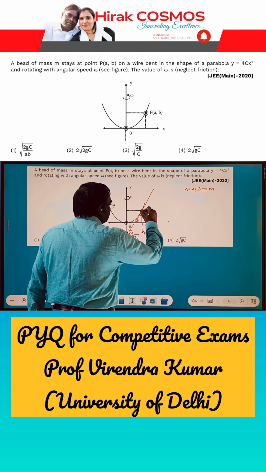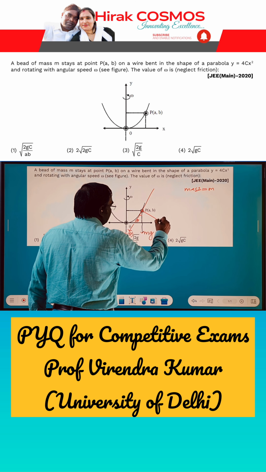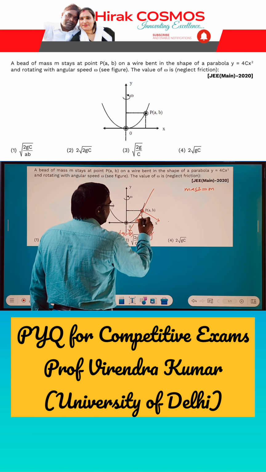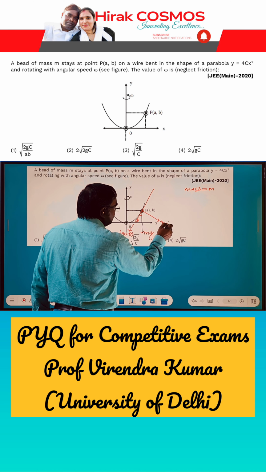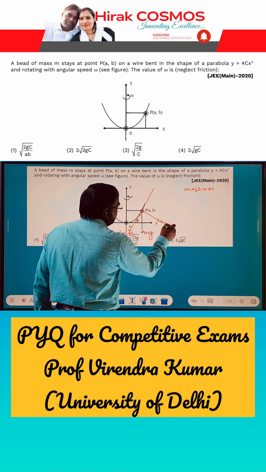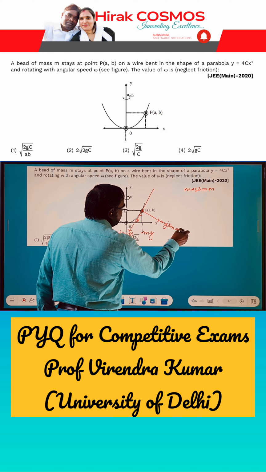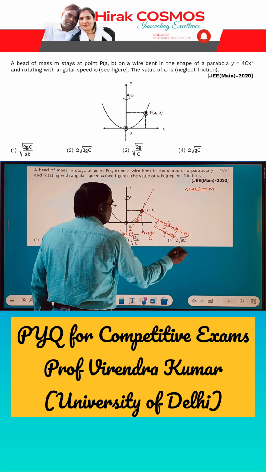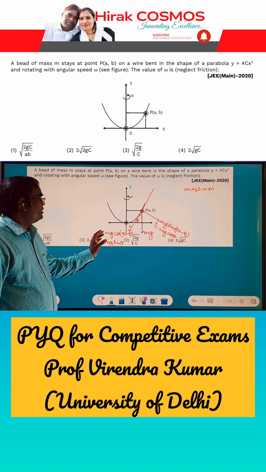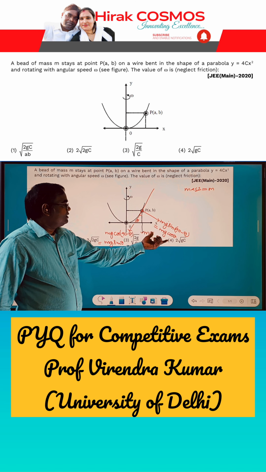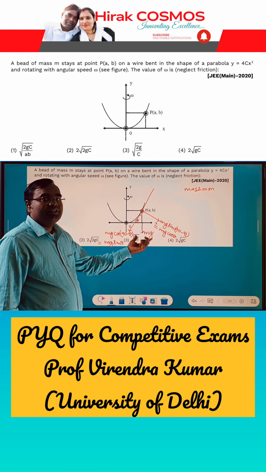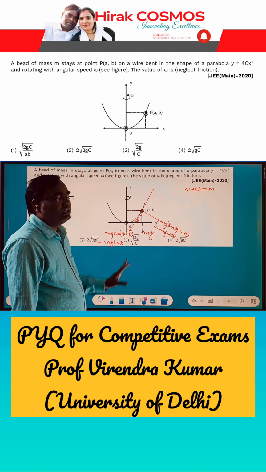Now let us find the vertical component of this mg. So this is 90 minus theta, this mg sin(90 minus theta), this will give mg cos theta. So this mg sin theta and mg cos theta are due to the downward gravitational force acting on the bead, right.